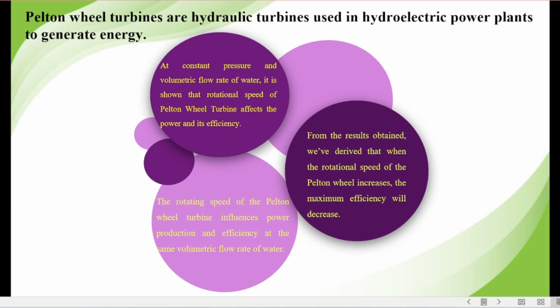The third conclusion is that the rotating speed of the Pelton wheel turbine influences power production and efficiency at the same volumetric flow rate of water. So these are the three main tenets which we derived.